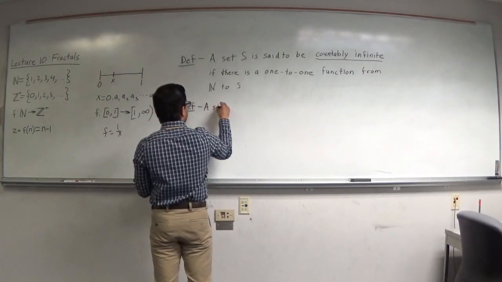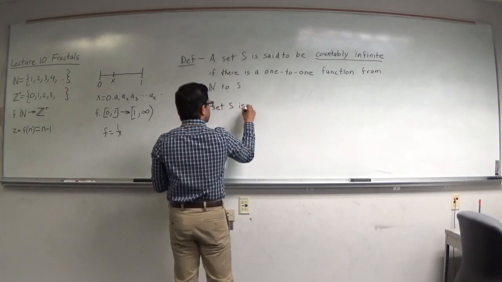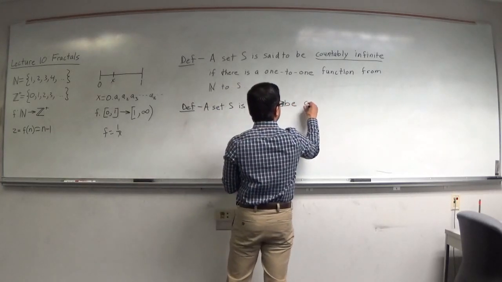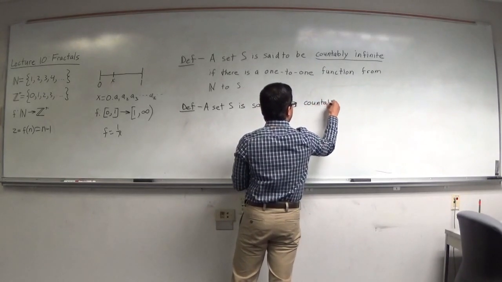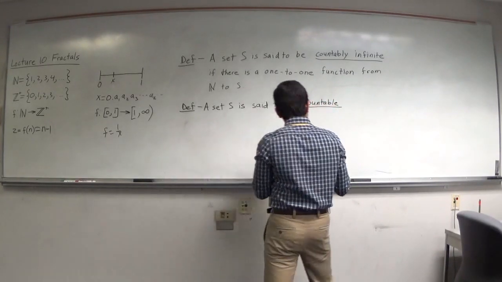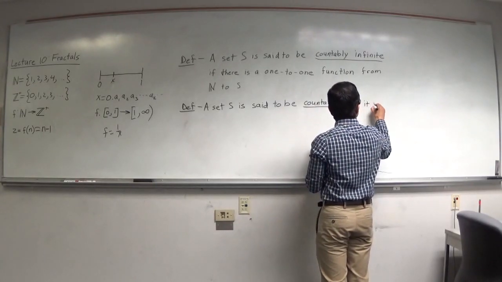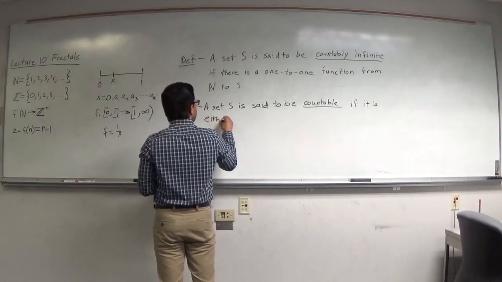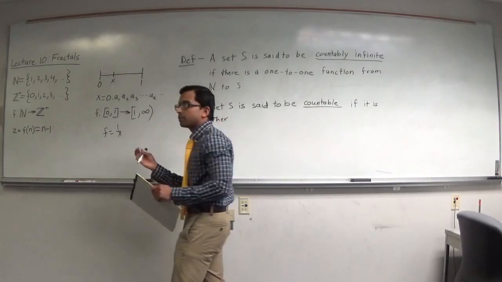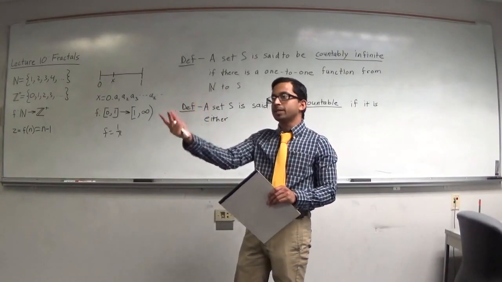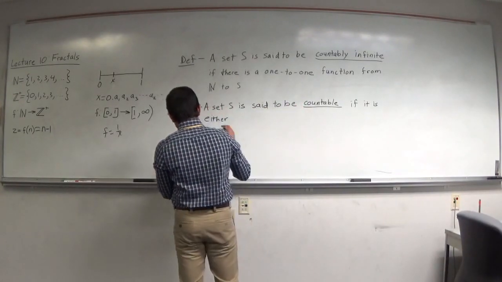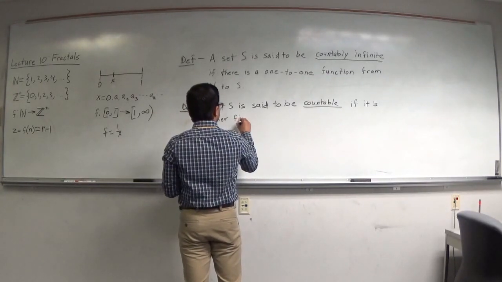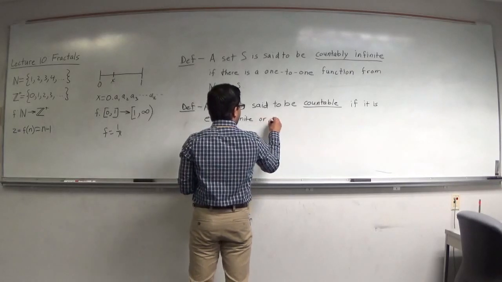So this definition kind of puts everything together. A set S is said to be countable if it is either finite. Finite sets are also said to be countable because we can count, right? We can count apples, oranges, bananas. So if it is either finite or countably infinite.